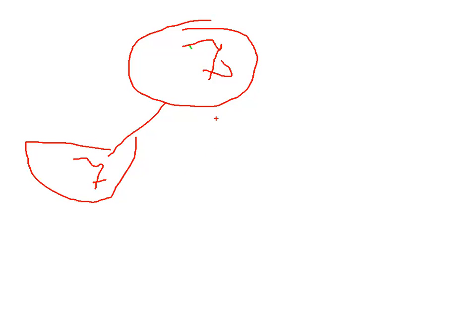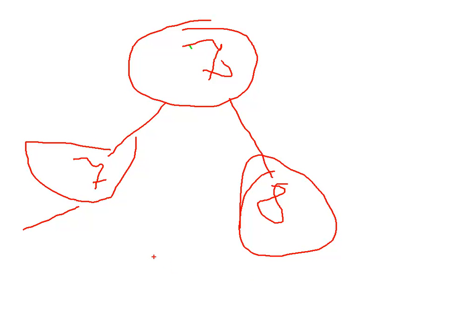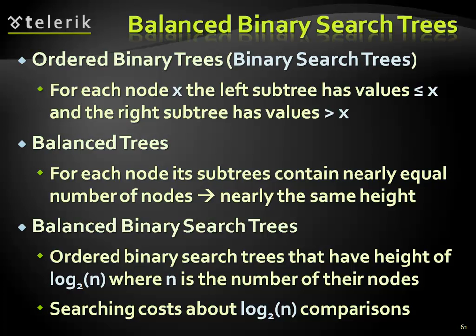And everything smaller than that will be at this side. And here you will have 8, for example. So that's a binary search tree. It could be the other way around, meaning that there is a possibility that 7 is on the right, but 8 will most certainly be on the right.